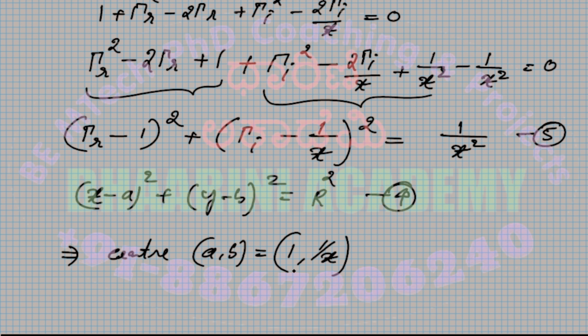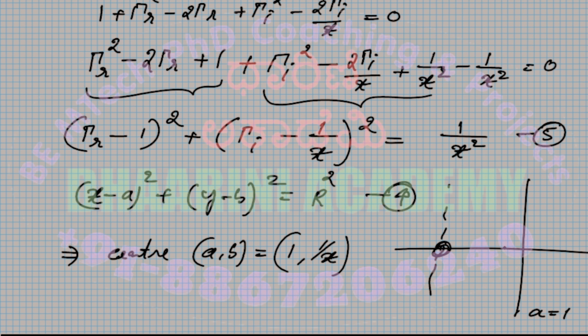The center of the circle keeps moving along the line x equal to 1, in the sense a is fixed to 1. So a value is always 1. If this is the origin, this is the line a equal to 1. On this line always a equals 1. Now, depending upon the x value, you can see that my circle is going to change.